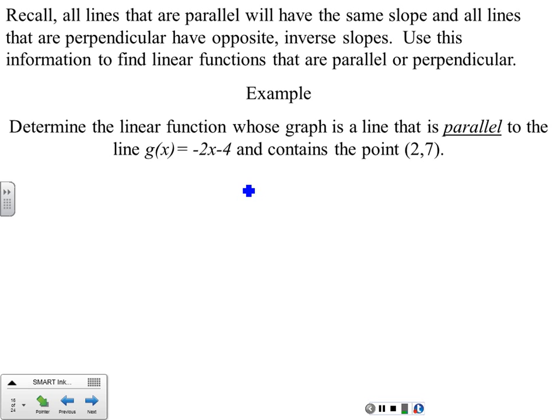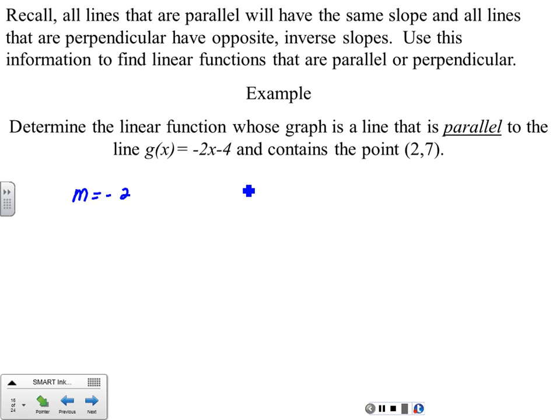Your slope is negative 2, and if you want to put it over 1, you can. And the function that you're finding has to go through the point 2, 7. So now, what information do you have? Very good. You have a point and you have a slope.